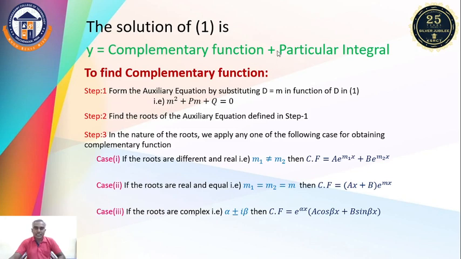In the next part of the solution, we try to find the particular integral. The particular integral part is classified into many types, because in the second order differential equation, on the right side we have r, which is a function of x. That function r of x varies over various types of expressions.